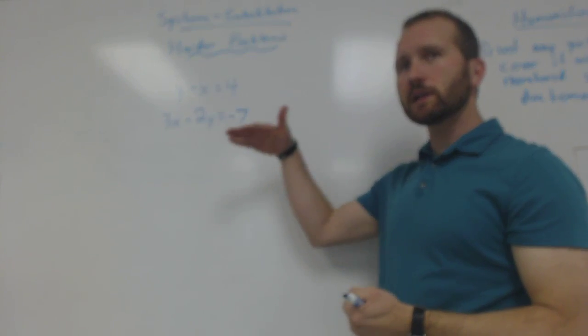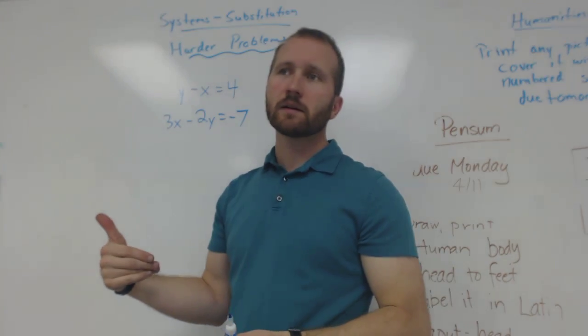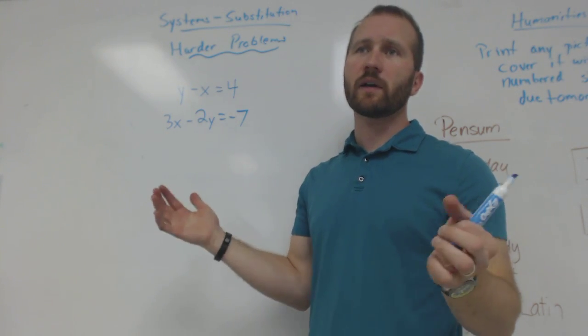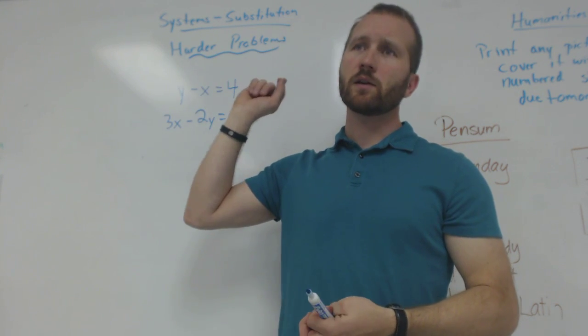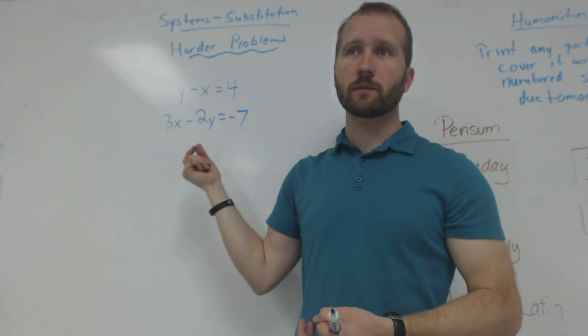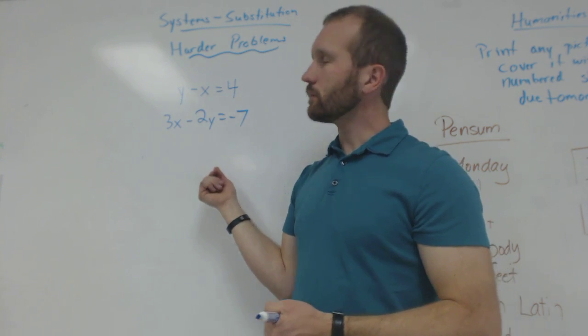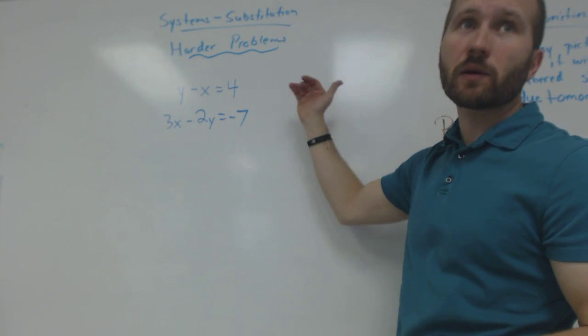I don't want you to use the elimination method tonight. If I were to give you a quiz or a test, it would be totally fine, however you'd want to solve it. If I said solve this system of equations, you have the option then of using elimination or substitution. But for tonight, we're always going to solve with substitution because I want to show you how to do this.